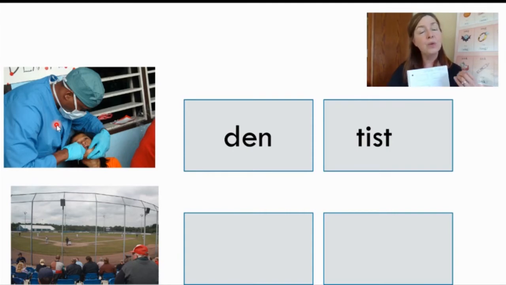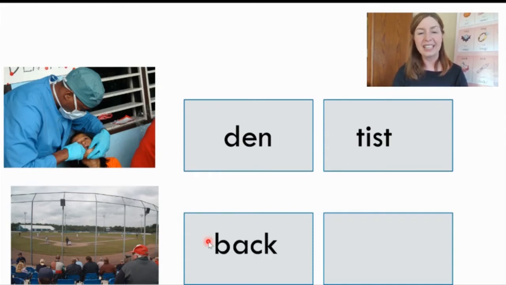So now, remember the tip I gave you earlier? We want to read the word or spell the word one part at a time. So let's work on the first part, back. B-a-k, back. Go ahead and write it in the first syllable frame. And then check. Let's spell it together. Back.